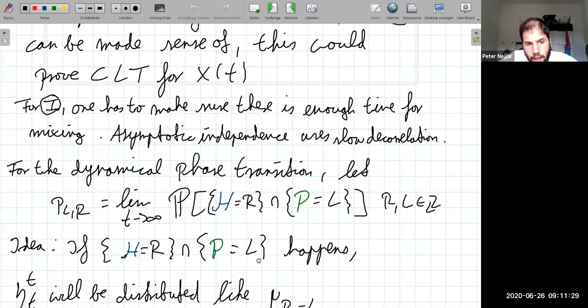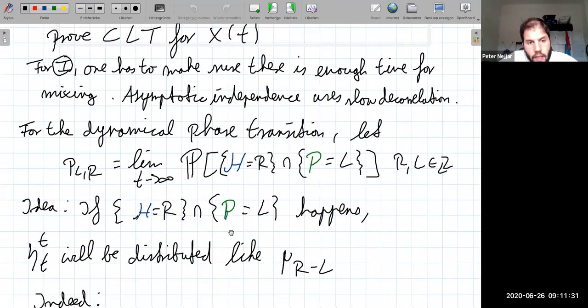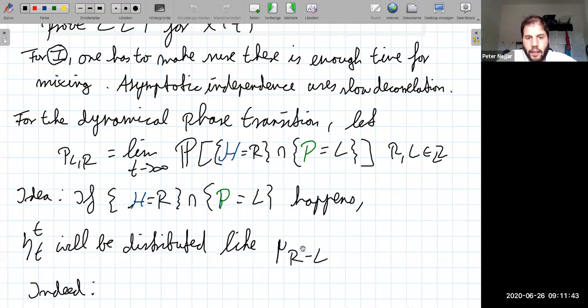And the idea now is that if the event H equals R and P equals L happens, then the ASEP at time t should be distributed like the distribution mu with index R minus L, right? Because there are R holes coming to the origin and there are L particles coming to the origin.